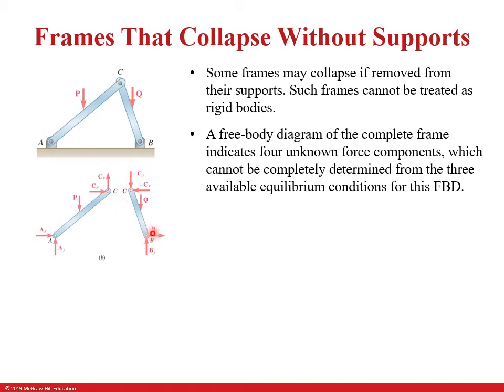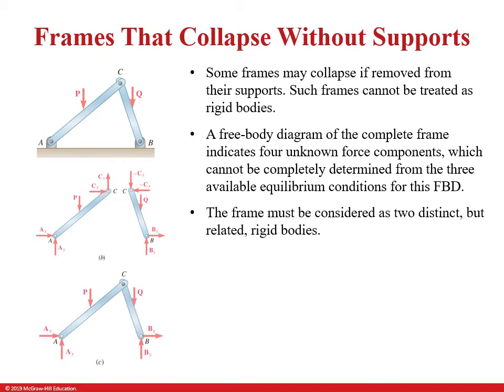We've got 1, 2, 3, 4, 5, 6 forces, right? These four forces are actually two forces, because if we know the magnitude of one, we know the magnitude of the other, right? They're equal in magnitude, opposite in direction. So let's see. If you consider a frame like this, you can actually solve the problem.